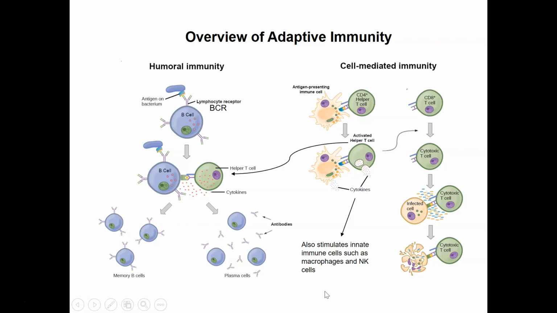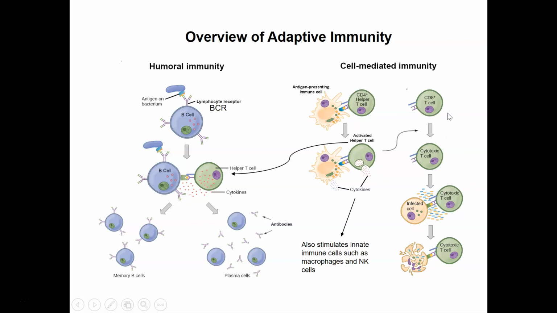And they're going to help also innate immune system cells, such as macrophages and natural killer cells. So the helper T cells are extremely important because they're pumping up, I guess you could say, strengthening all branches of the immune system: humoral, cell-mediated, and innate. And we'll see what happens when the numbers of these helper T cells decrease.